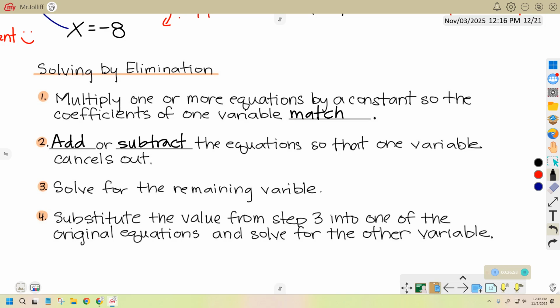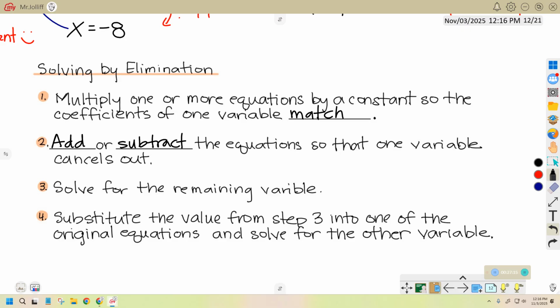If the matching coefficients have opposite signs, I add. I want to do whatever operation gets them to cancel out. And once I've done that, I'm going to solve for the variable that's left over. And it's usually two steps. Add a constant to both sides, divide by some stuff, not too bad.